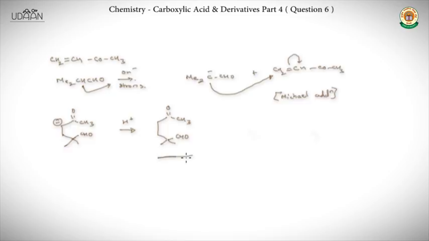After getting this compound, if we add C2H5ONa to it and heat it, that is basically the Claisen-Schmidt reaction, as we have an aldehyde or carbonyl group without an alpha hydrogen and a carbonyl group with alpha hydrogen.